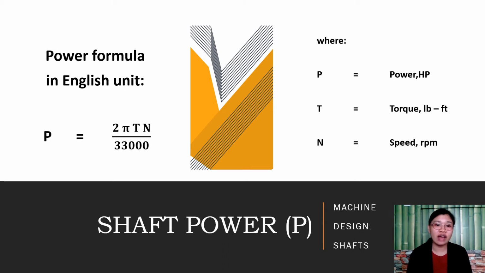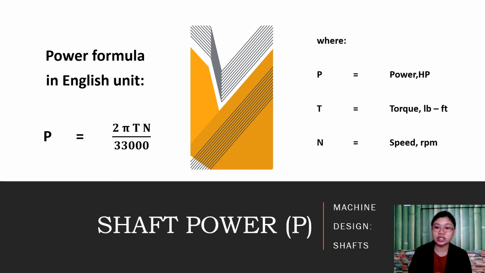So next we have the power formula in English unit. That is 2 pi Tn divided by 33,000. If you use this formula, you will have a result of power in HP. You have to use torque in pound-feet, and your N or speed must be in RPM.